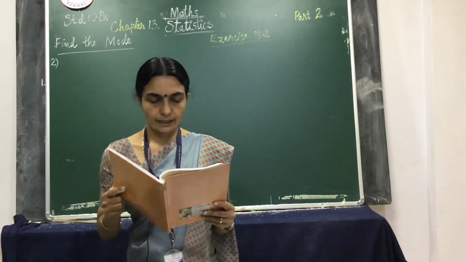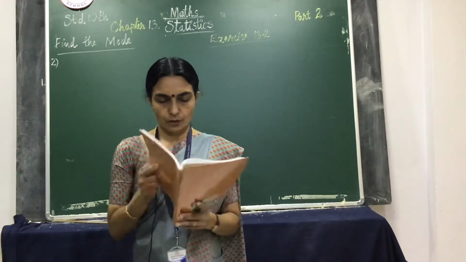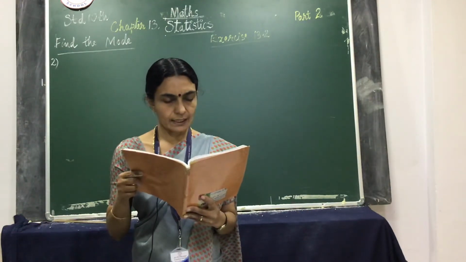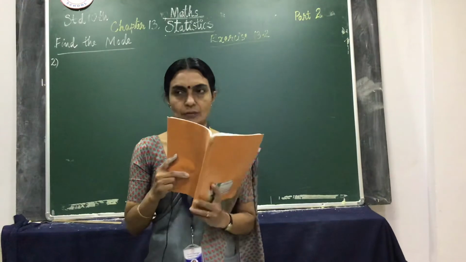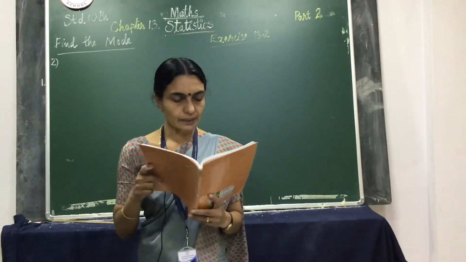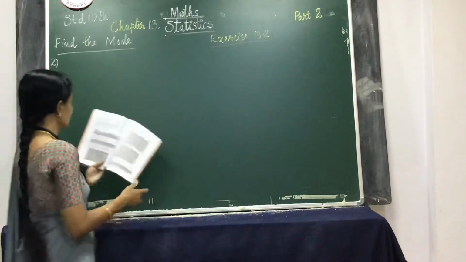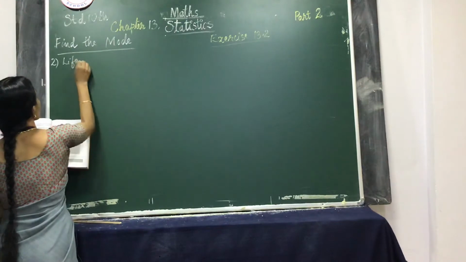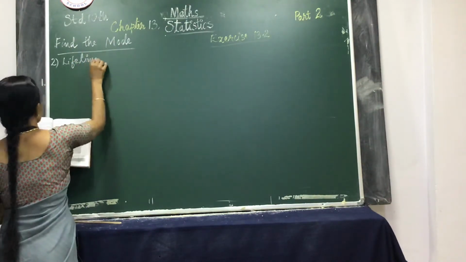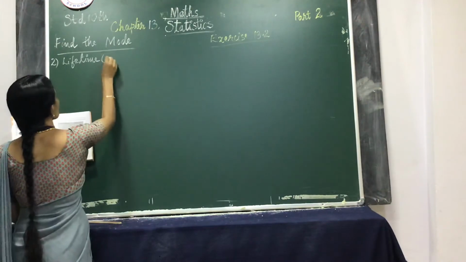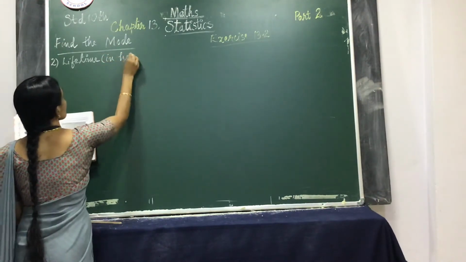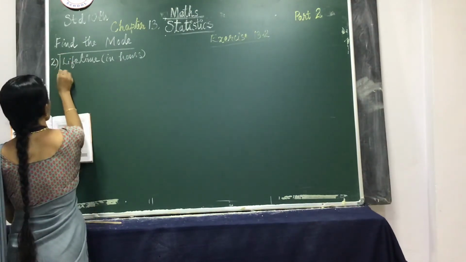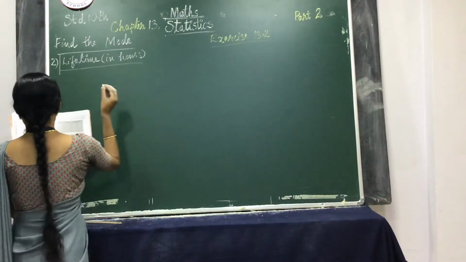The following data gives the information on the observed lifetime in hours of 225 electrical components. The lifetimes of the electrical components are given in hours, along with the frequency. Lifetime in hours and frequency.